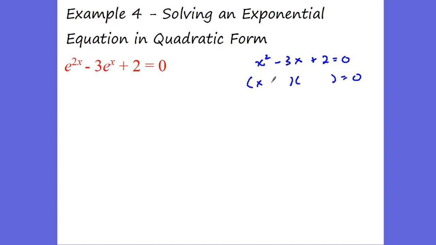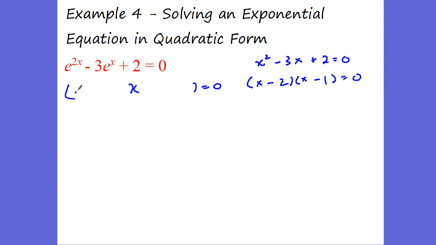Because we have x and x is x squared, and minus 2 and minus 1, since minus 2 times minus 1 equals positive 2, and that adds up to negative 3.